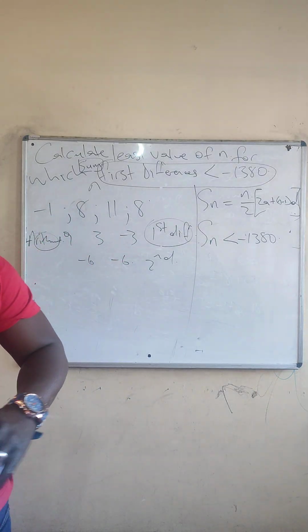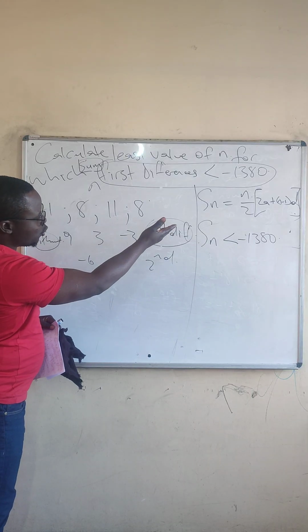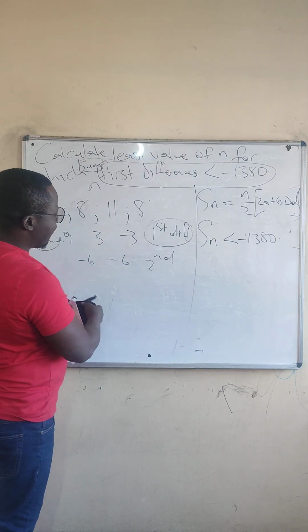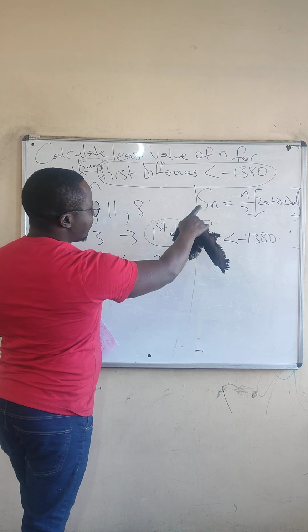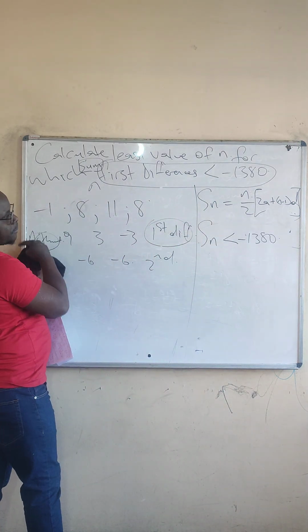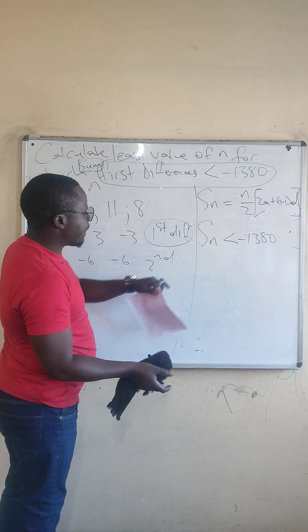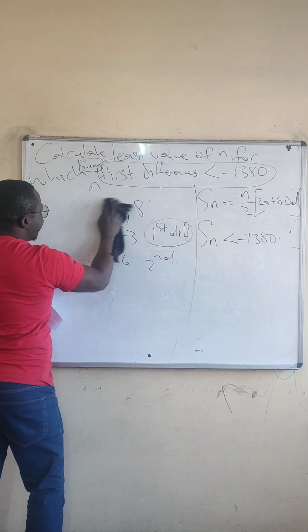So let's go ahead. I guess now we understand that here's our information. Here's what we need to do. Let's substitute to find n. Our a is 9, not 1. Our d is -6. So let's substitute into the formula.